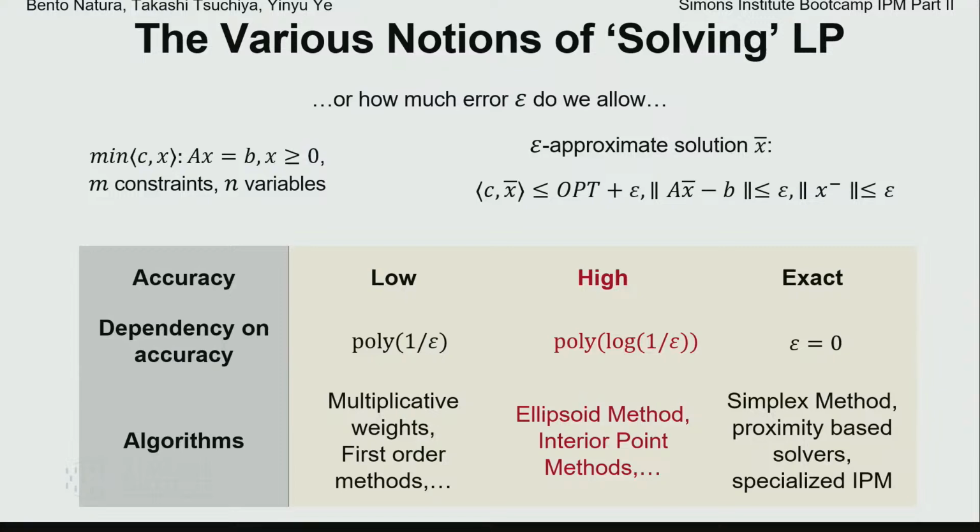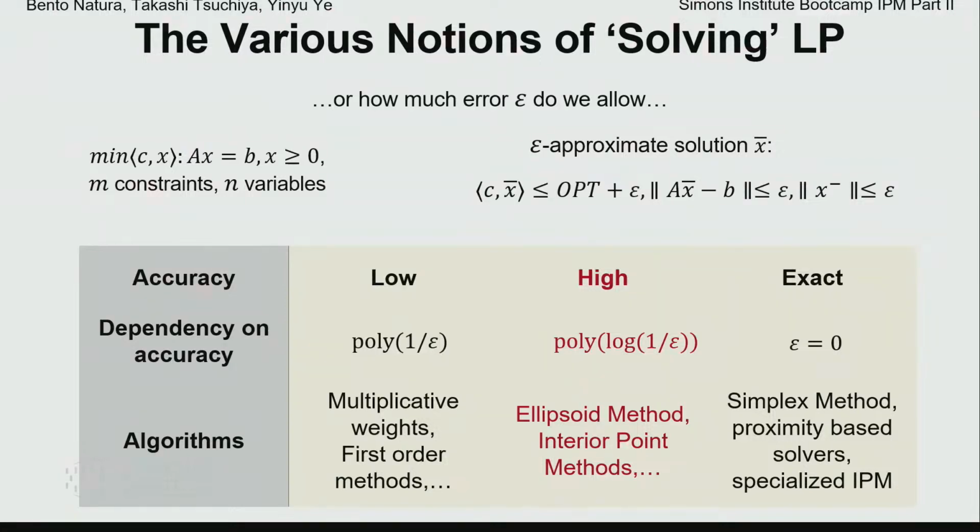But also, of course, nowadays people don't care about high accuracy. You can also analyze algorithms to solve linear programming where you don't need log 1 over epsilon, you only need 1 over epsilon. So many notions of first-order methods, gradient projection, all this has come out.